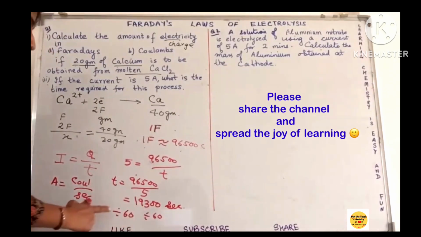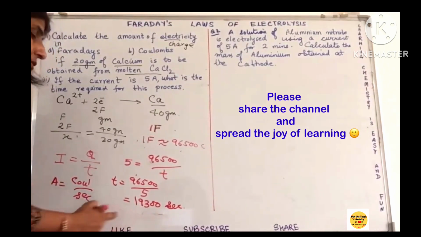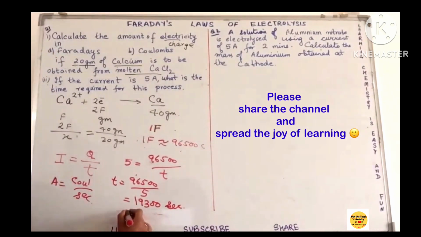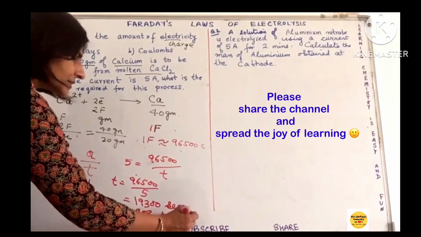So in effect you will divide 19300 by 60 into 60, that is 3600, in order to get the time in hours. Can you give me an answer to this? Please pause the video. Don't be in a hurry to know the answer. It's very easy, but it's the confidence that you need to build. Yes, it's approximately 5.36 hours.